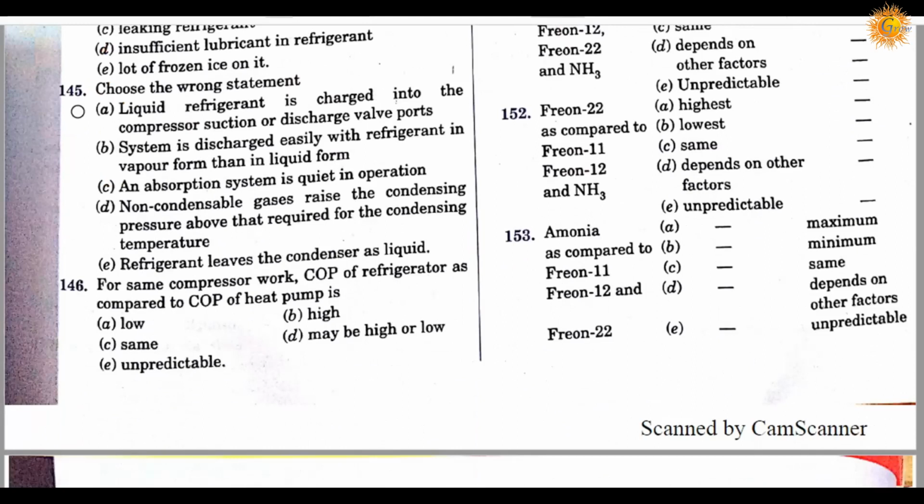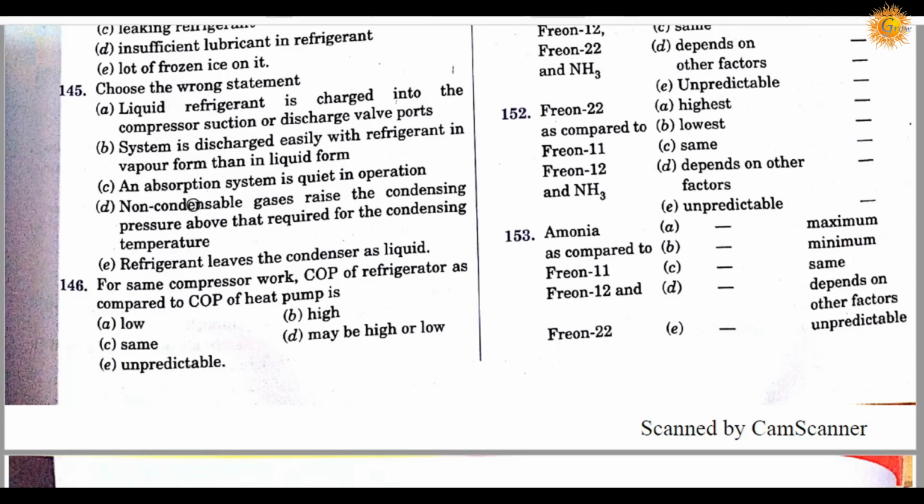Question number 145. Choose the wrong statement. Option A, liquid refrigerant is charged into the compressor suction or discharge valve ports. Option B, system is discharged easily with refrigerant in vapor form than in liquid form.